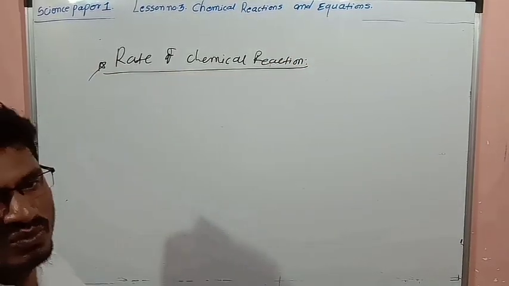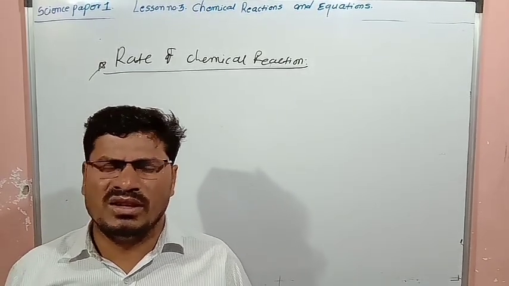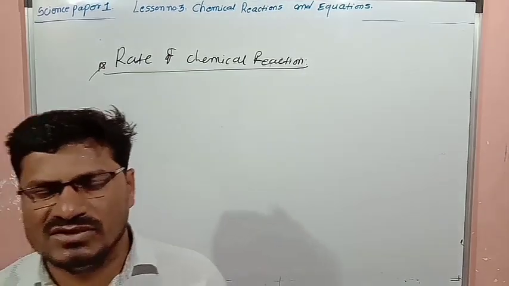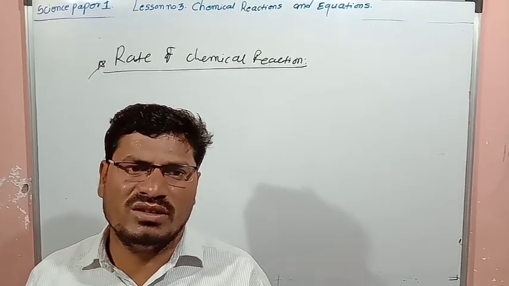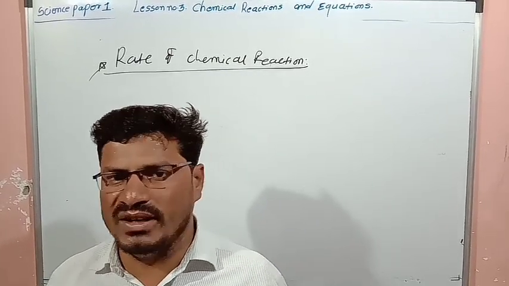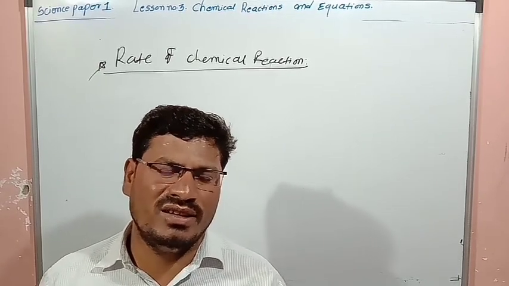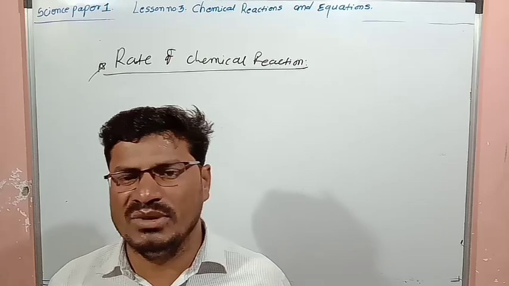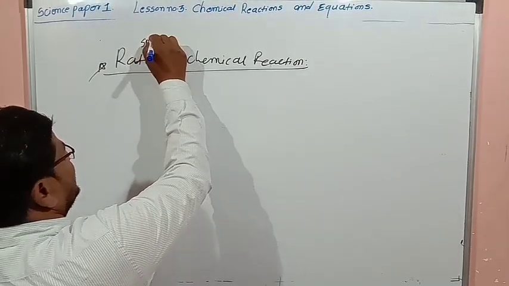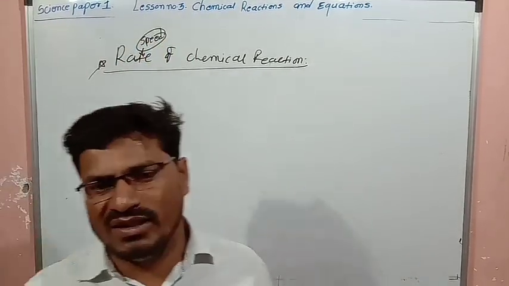What do we mean by rate? Rate means speed, and here we are going to learn on which factors the speed of the chemical reaction depends. On what factors does the rate of the chemical reaction depend?